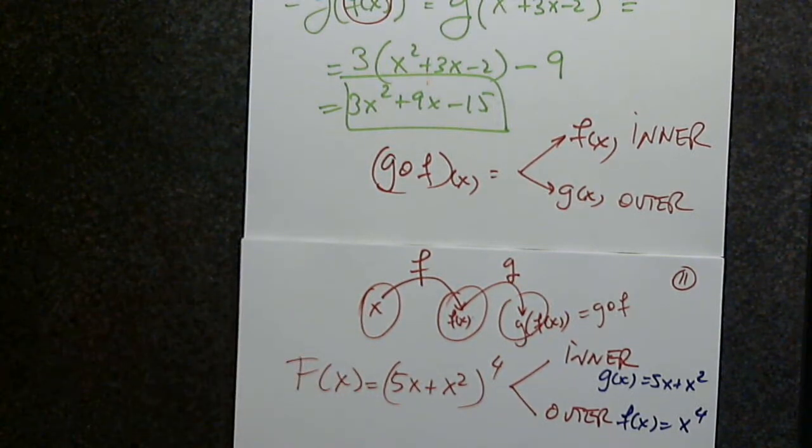So when we are done evaluating 5x plus x squared, we get one number. We raise that number to the 4th power, meaning we are applying x to the 4th to that number. Is this okay? So this is called function decomposition. We decompose a function into other functions.